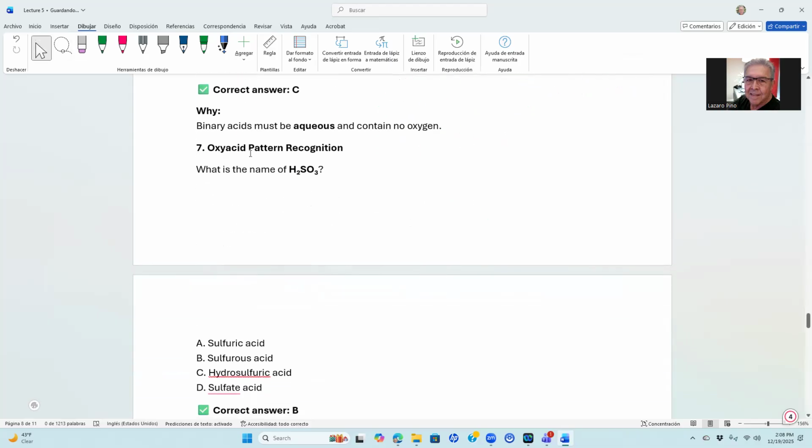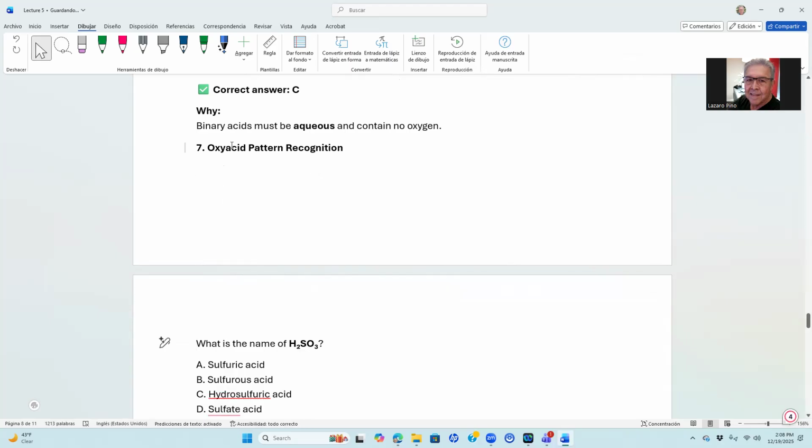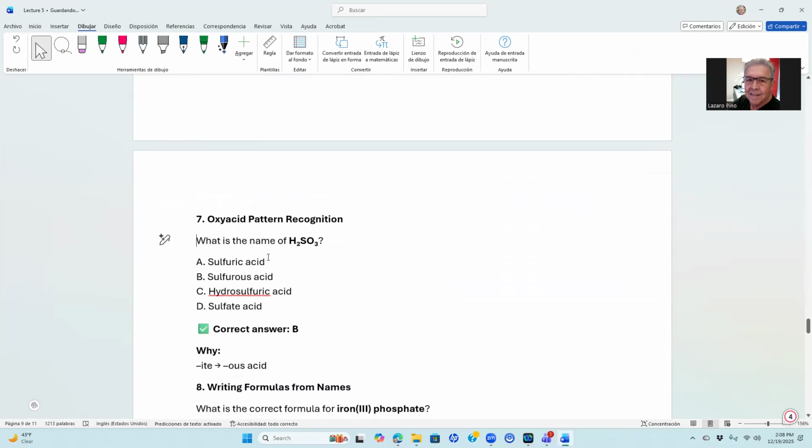7. Oxyacid pattern recognition. What is the name of this compound? Let's see. Let me put the question here. Okay, what is the name of this compound? First of all, you go to the anion. The anion is SO3. That is sulfite for the salt.